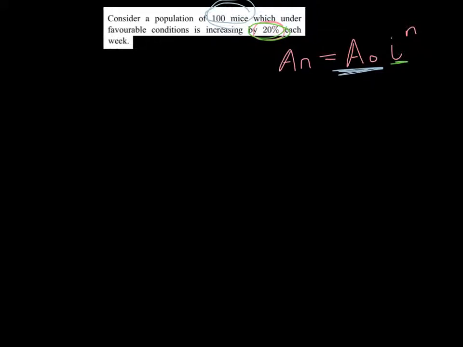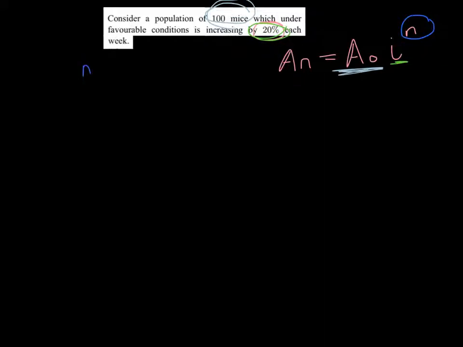And this n will be for how long you've used this. In this specific part of the question, it doesn't say how long it is, but we'll just make up our own hypothetical examples.